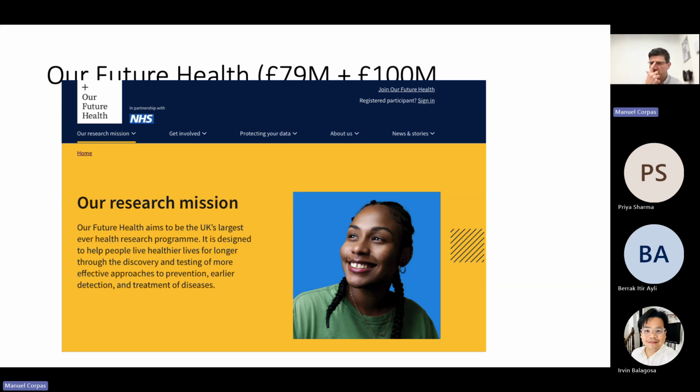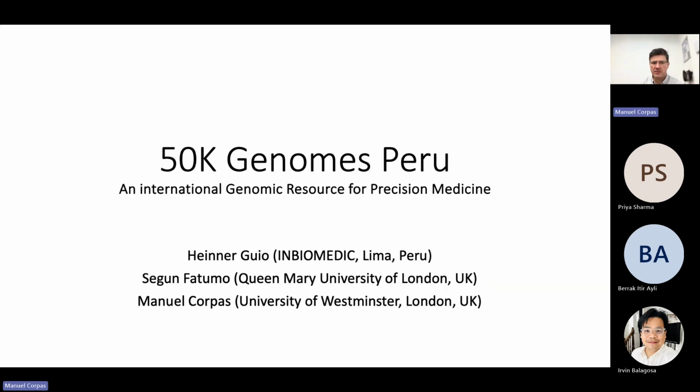So I'm going to introduce to you the 50,000 Genomes Peru. And this is a mock presentation of this data bank, right? That gives you an idea of the type of thing I would expect. You can take it as an example of the type of presentation you could give.